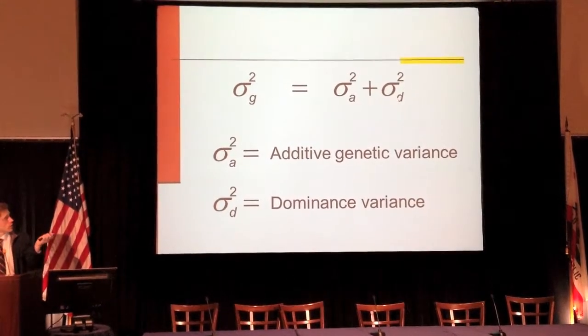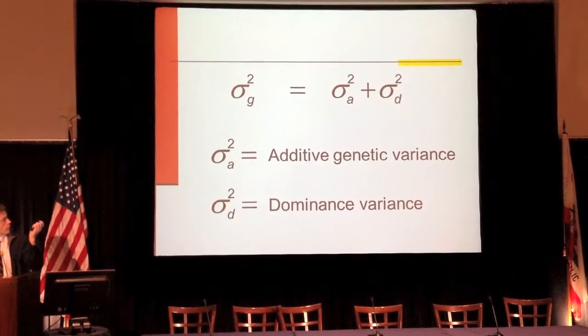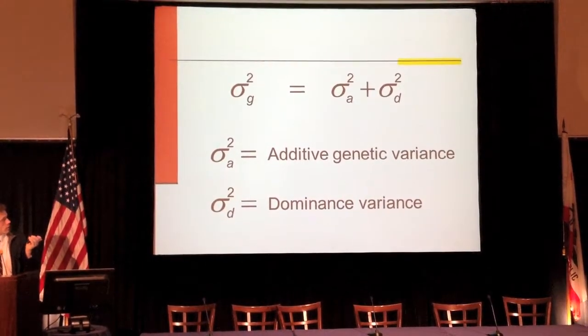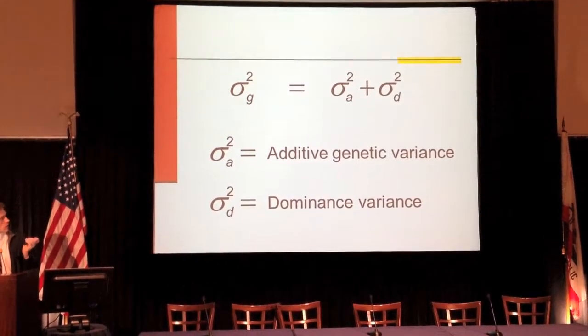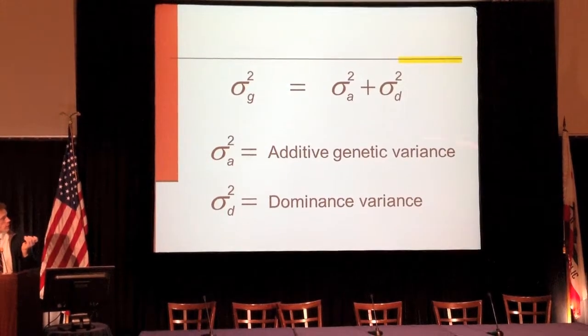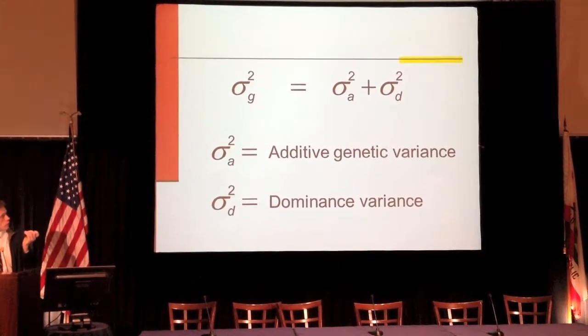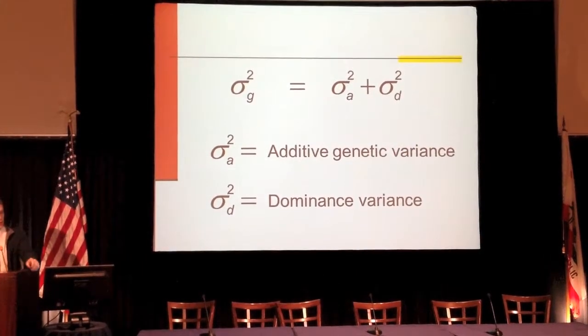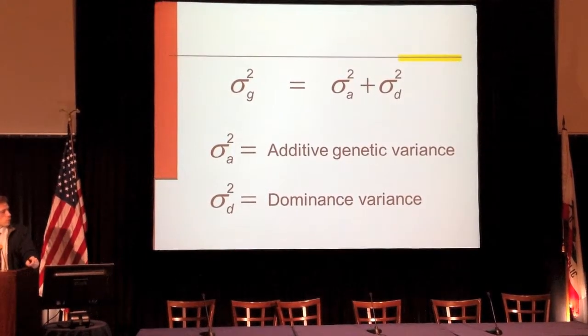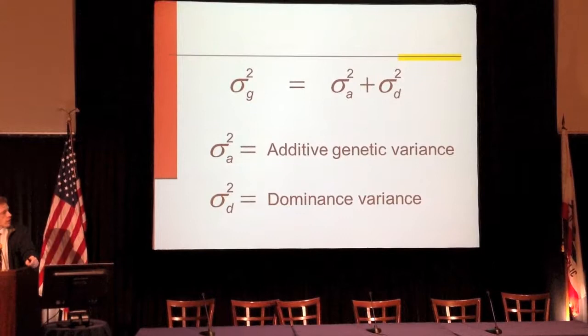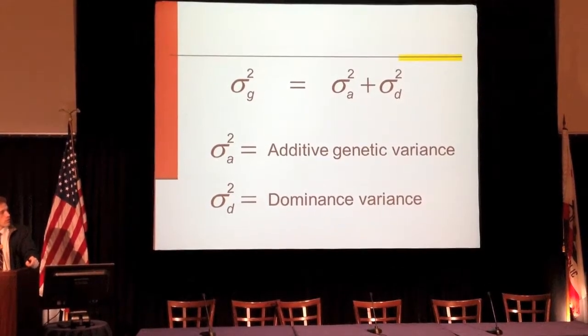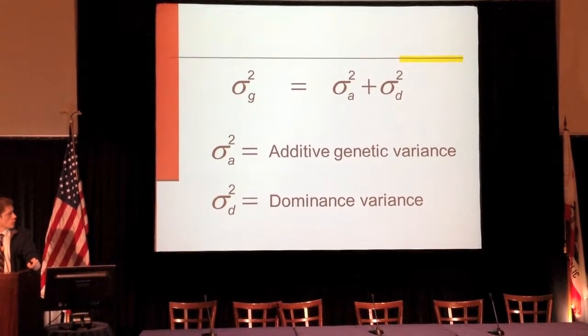Moreover, the genetic component of the variance can be split further into the additive genetic variance and the dominant genetic variance. The additive genetic variance indicates that if you have two genes of the same kind, the phenotype value will be doubled.